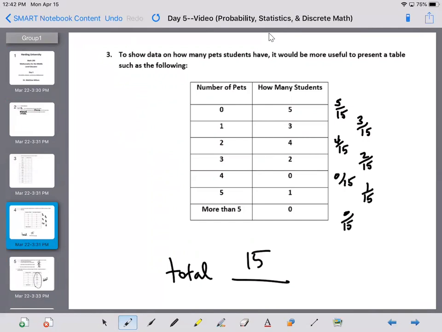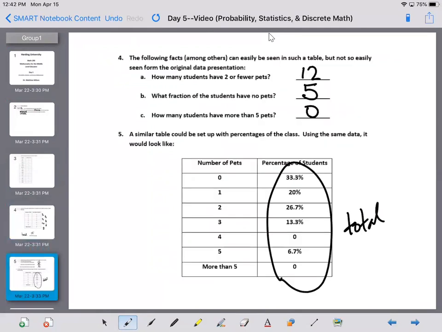So we can figure out percentages, and that's what you see in this column, is just how we've changed the number of students into the percentages. But in order to do that, we needed to find a total amount.